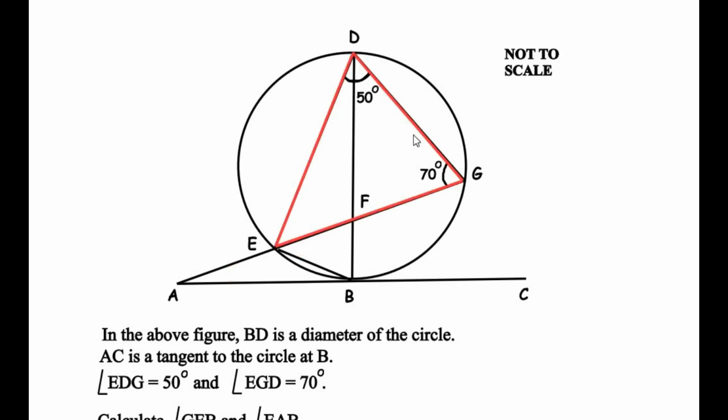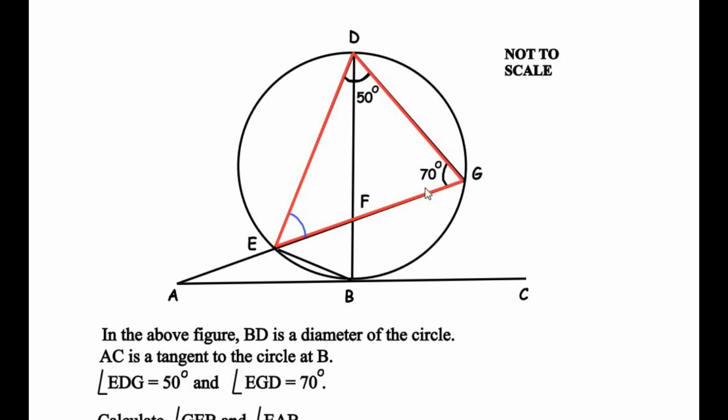Now since DEG forms a triangle and in this triangle two angles are already given, that is angle D is 50 degree and angle G is 70 degree, we can find out this missing angle DEG by using the angle sum property of a triangle. It states that all the angles of a triangle, when we add them together, we should get 180 degree.